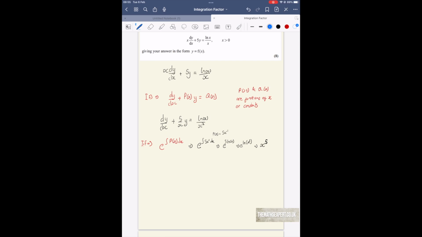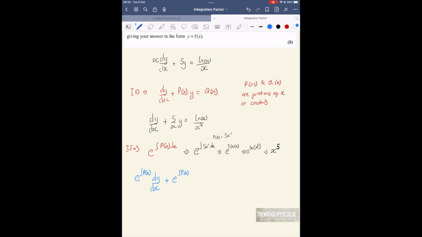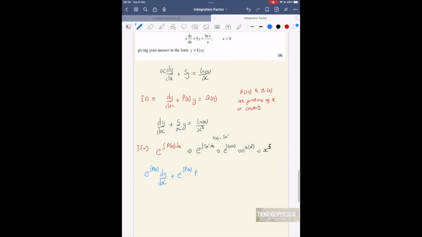They figured out that if you multiply through by the integrating factor, so we multiply through by e to the integral of p of x, they figured something really brilliant out.